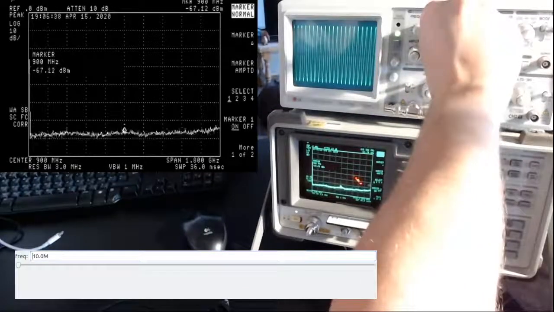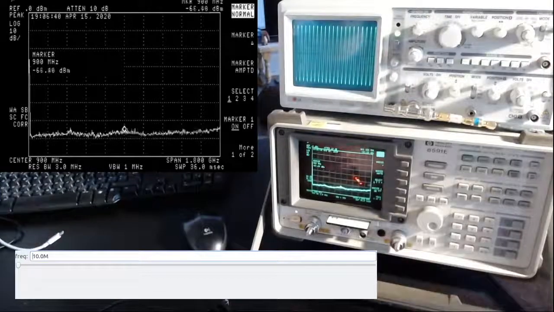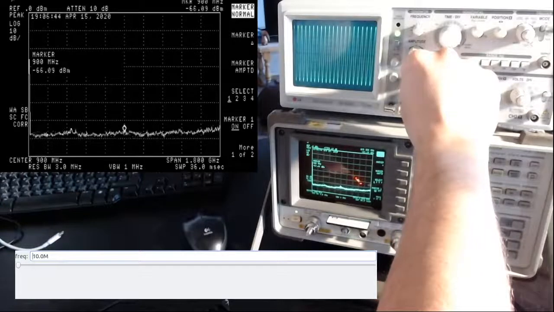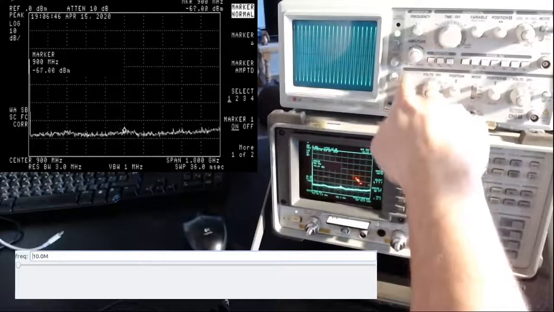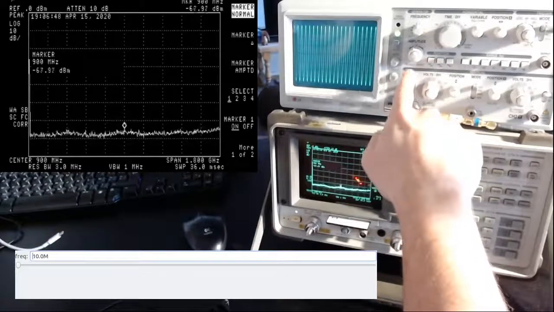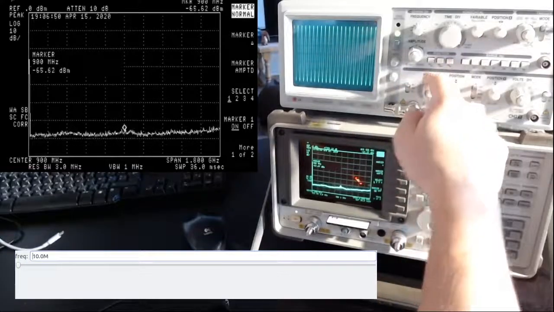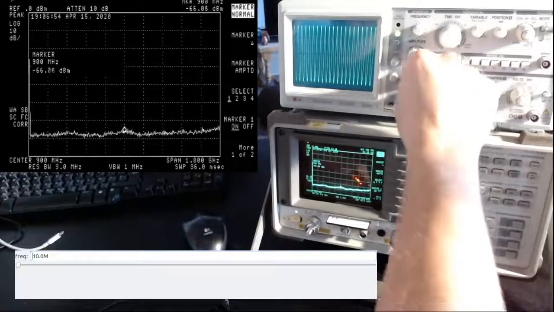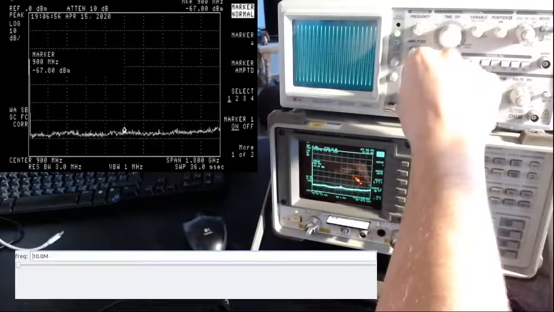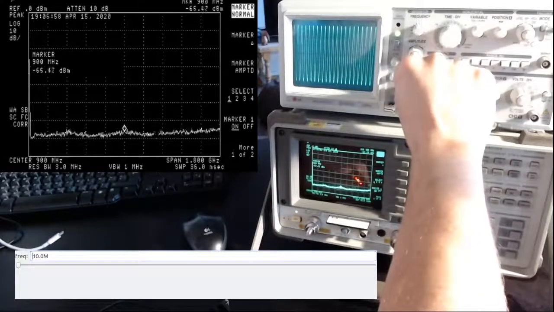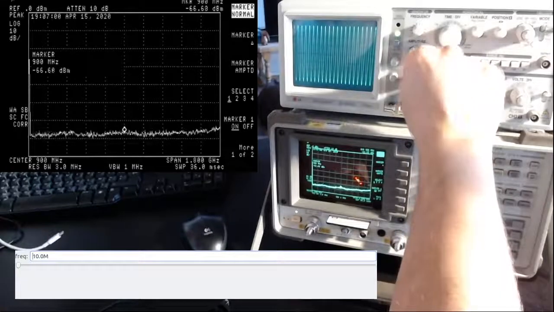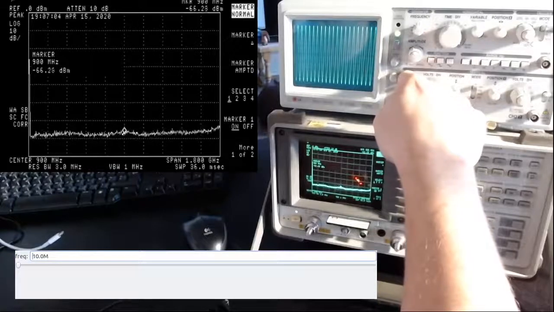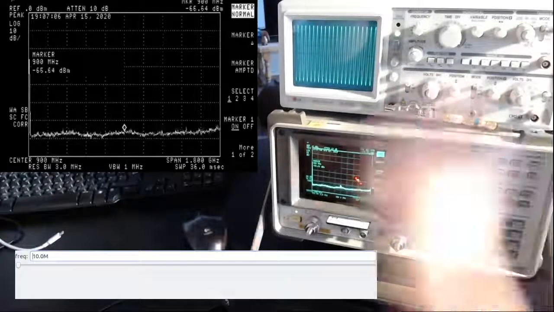So here we get our 10 megahertz signal, and just to check that things are good, at the moment the oscilloscope is set to AC coupling, so it's removing any DC. So let me ground the input, and this is DC coupling. So you see DC is equal to AC, so there is no DC present in the signal.